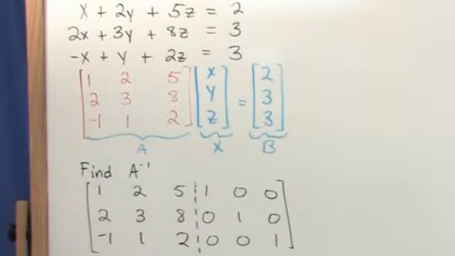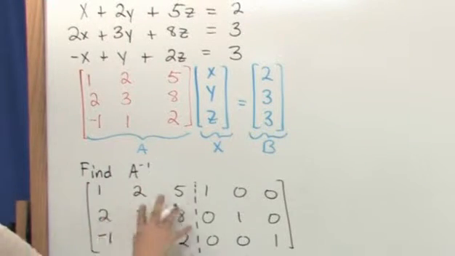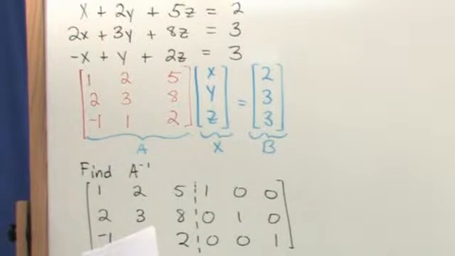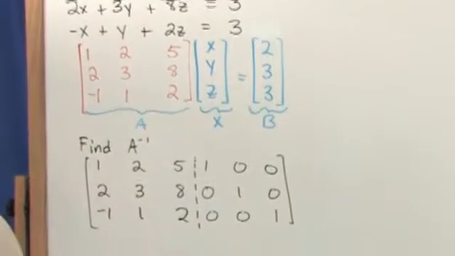Just like that, okay? And what we're going to do is we're going to beat the left-hand side into an identity matrix just like this one, and on the right-hand side is going to become our inverse. That's exactly what we learned in the last section. If you haven't looked at the last section, go back and look at it now, okay?